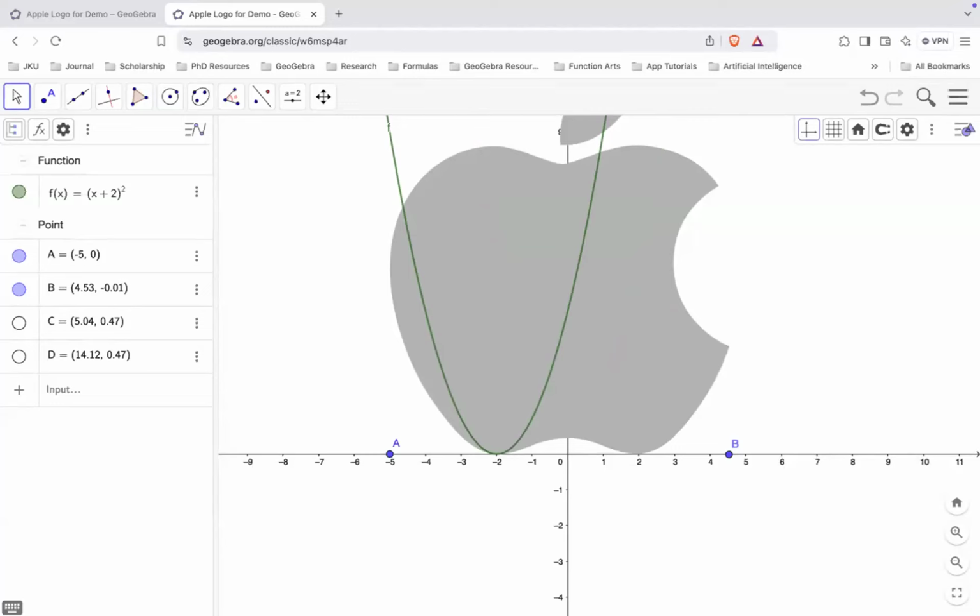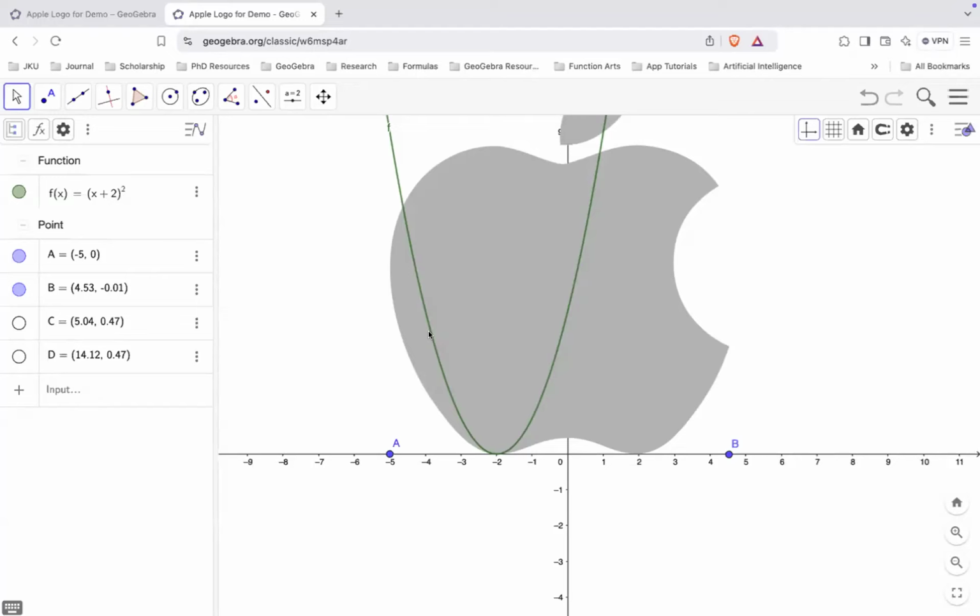Okay, then I want this to be a bit lower. This is a steeper graph than I want it to be. So what do I do? I want to lower this part here.